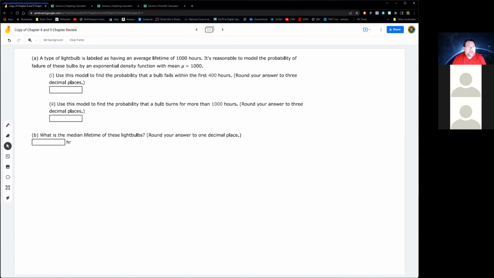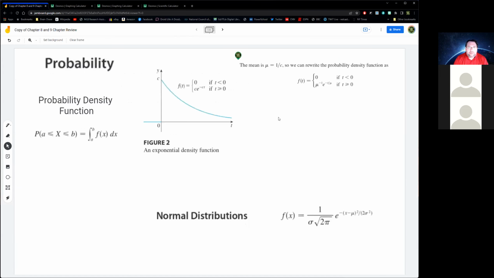So this one tells you a light bulb is labeled as having an average lifetime of 1,000 hours. It's reasonable to model the probability of the failure of these bulbs by an exponential density function with a mean of 1,000. So we're going to use the exponential density function, which is this one, and we're going to do it with the mean. So we're using that formula.